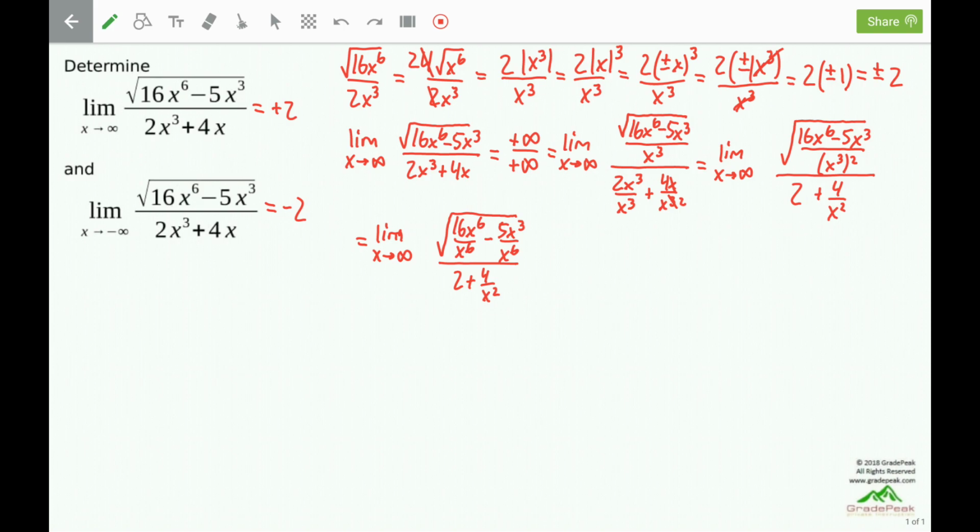We'll leave the denominator alone. The first term in the numerator, the x to the 6th can cancel, leaving a 16.